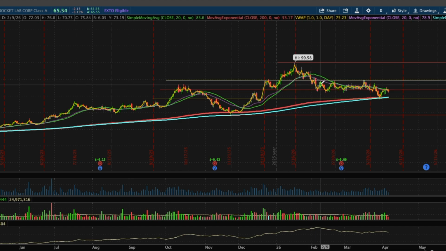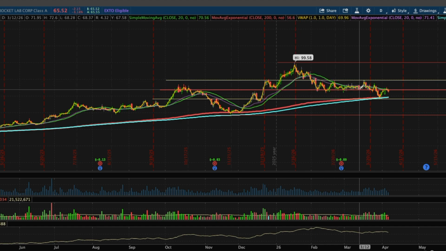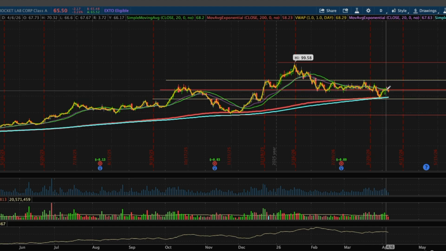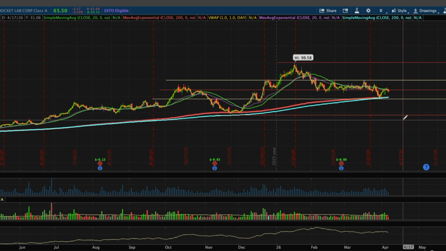Came back down, bouncing around 50%, 50%, 50%, went through, went back, retested 50%, coming back down lower. So that is another way of reading your market movement. And this is on Rocket Lab, so let's go look at something else.